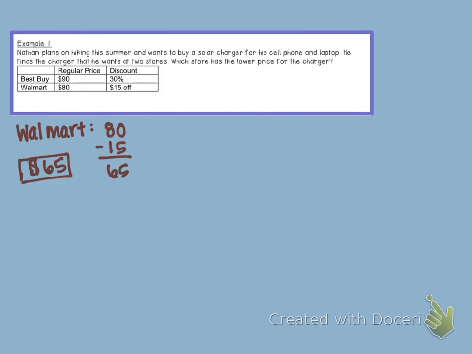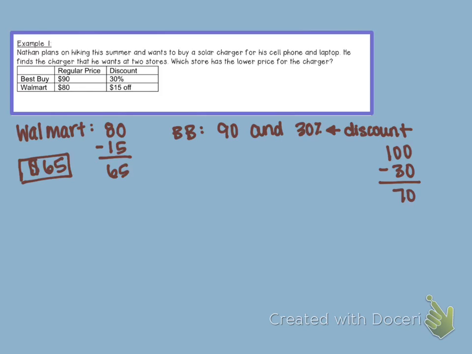So we have to see if Best Buy at $90 and 30% off is cheaper. If it's a 30% discount, we want to subtract 100 minus 30, and that gives you 70.